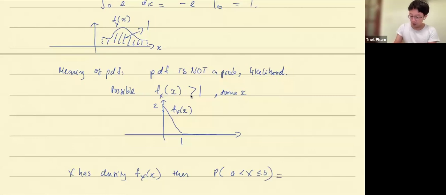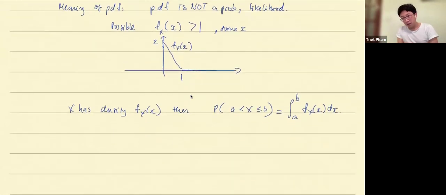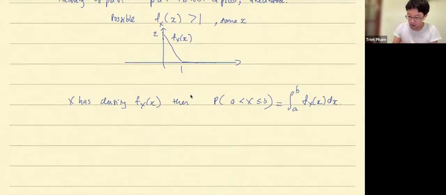Like I said, it doesn't matter about equality because it's 0 anyway, but this is the traditional way people write the probability over a range of values. It's the integral from A to B of the density. And there you have it, right? If you integrate the density, you get probability. That's the use of density: it's used to integrate to get probability.